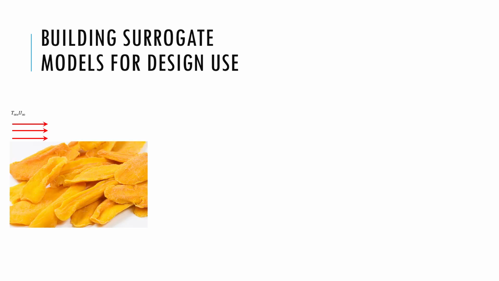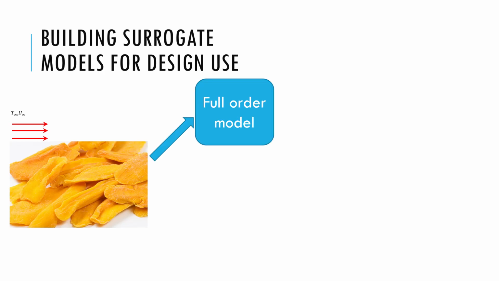Okay, now here we have some more details of these AI based models. So basically, what you can build is a surrogate model. And let me explain what goes on. So let's say I want to model a drying process.